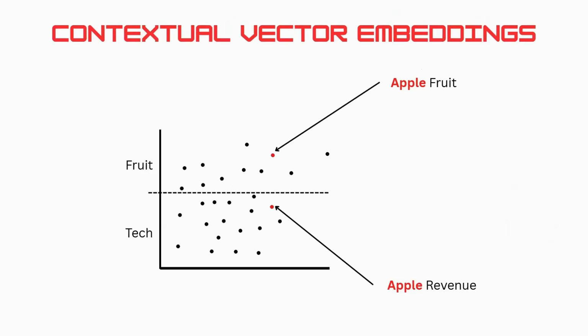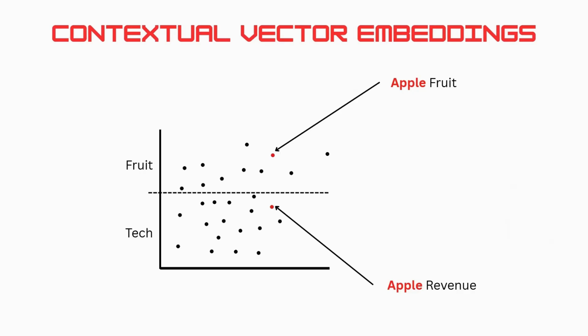In the case of contextual embeddings, even though the word Apple is the same, the context changes its meaning. The embedding captures these differences. Here, distance between vectors indicates semantic similarity.